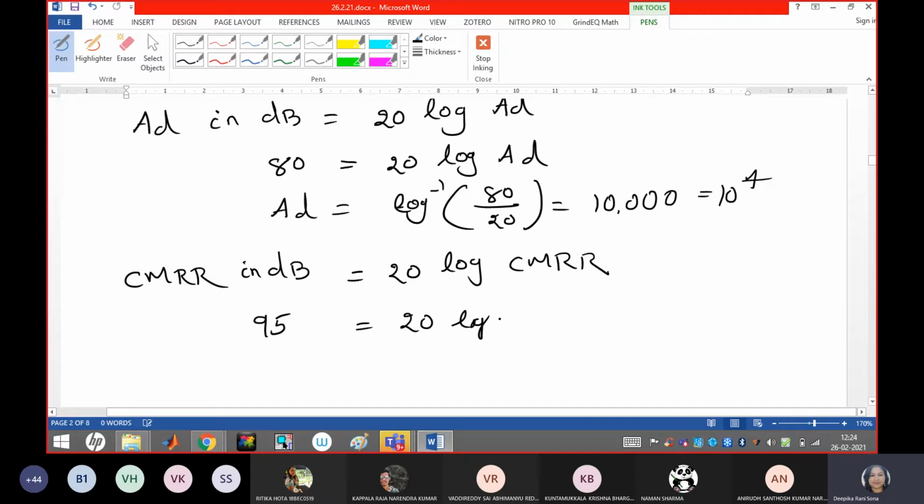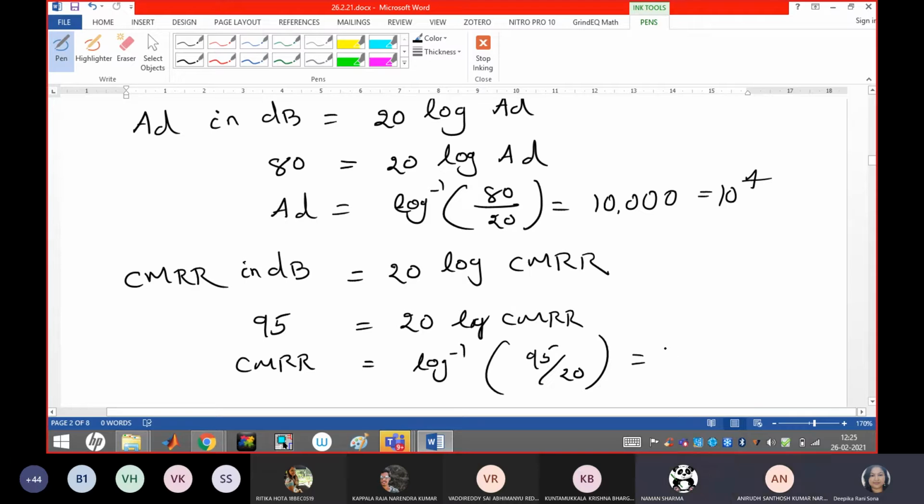So 20 log CMRR. What we have to do? The CMRR value in the normal scale is log inverse of 95 by 20. How much is it?